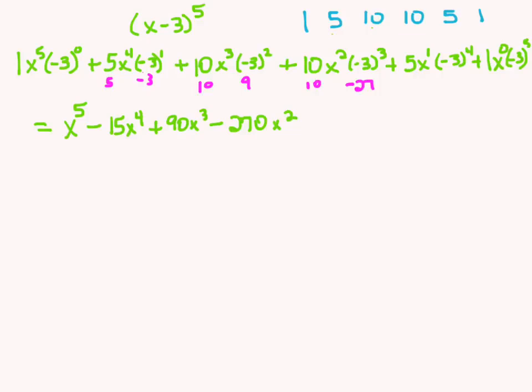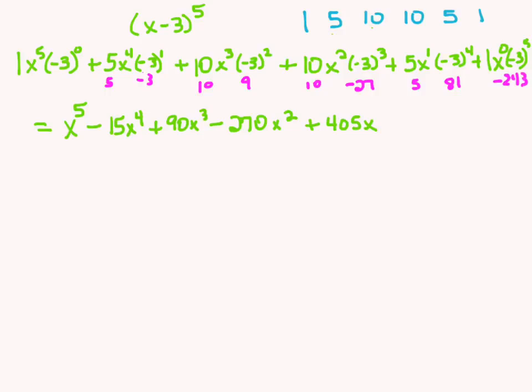Next up, negative 3 to the 4th is 81, and we need to multiply that times 5. So we're going to get plus 405 times x.